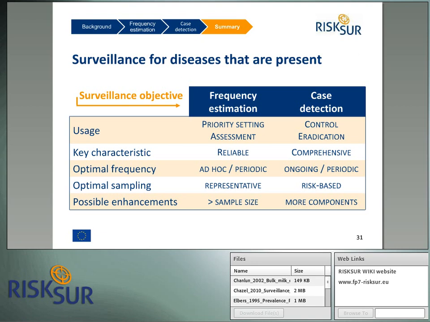It should preferably be based on representative sampling, and it should use a large enough sample size to achieve adequate precision in the estimates. And when it comes to case detection, surveillance can be ongoing or periodic if the infectious period is long or transmission rate is low, could benefit from risk-based approaches, and should consist of several complementary surveillance components to increase coverage.